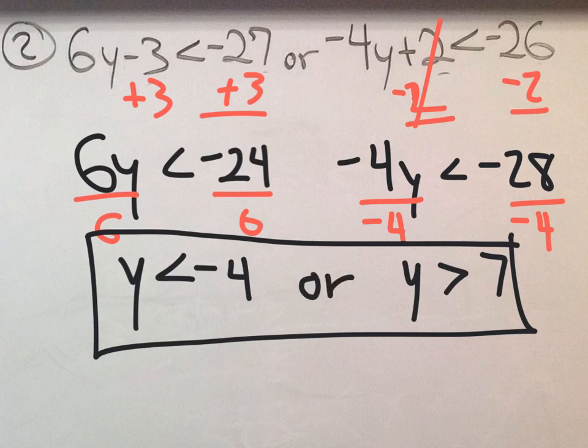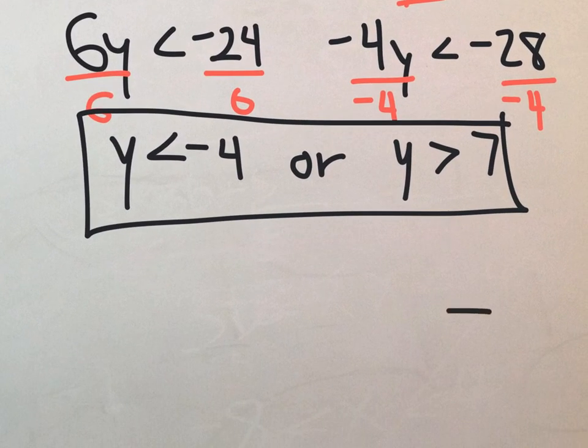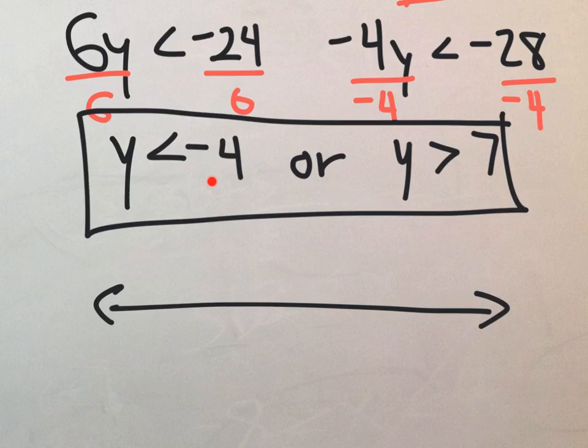Okay? Now, they also want us to graph. So, let's go to a number line. And this left side says y is less than -4. So if I put a -4 here, and the other one is a +7, so I know +7 is on the right side.